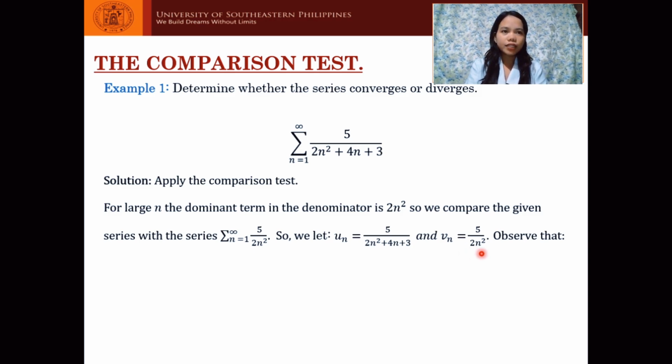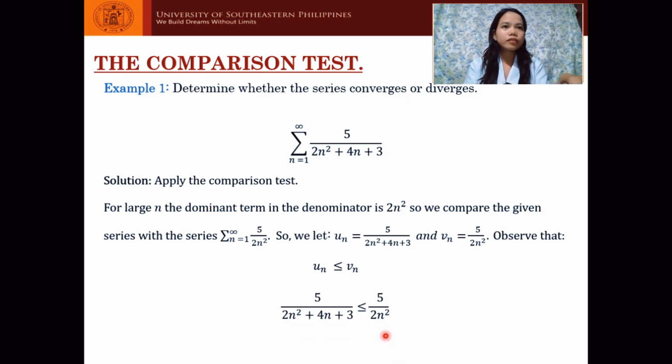Observe that we are now going to compare the two series, u sub n and v sub n. Let us try to prove that u sub n is less than or equal to v sub n: 5 over 2n squared plus 4n plus 3 is less than or equal to 5 over 2n squared.